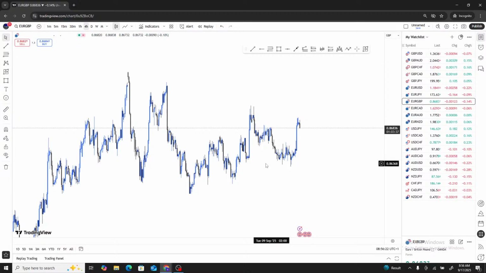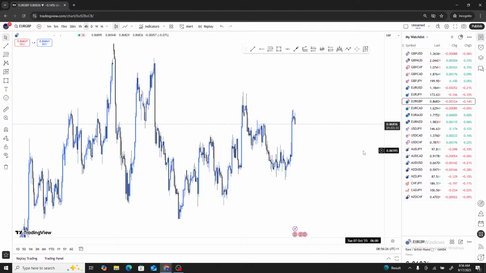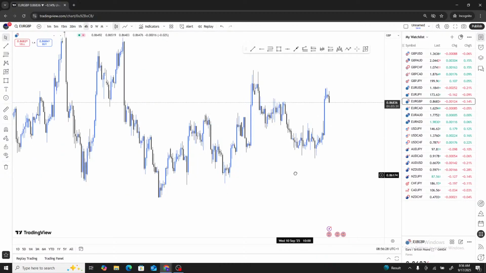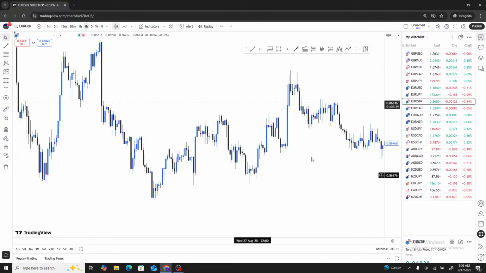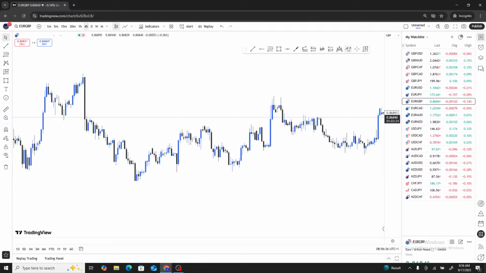Okay, so I'll tell you the reason why price moved like this. As you can see, normally before the buy, market has been in a series of higher highs and higher lows to the upside.